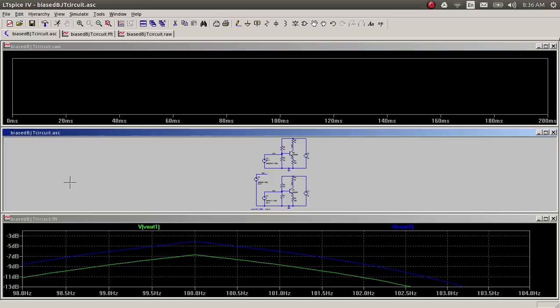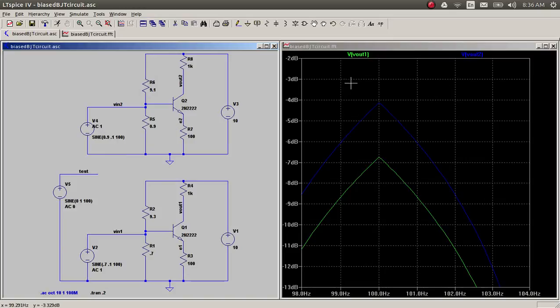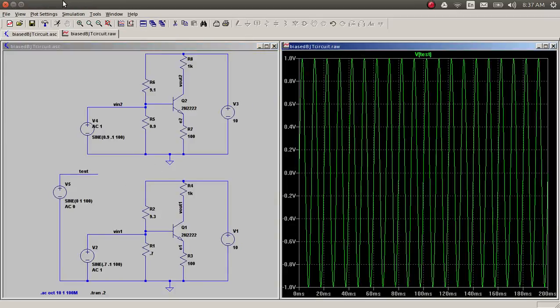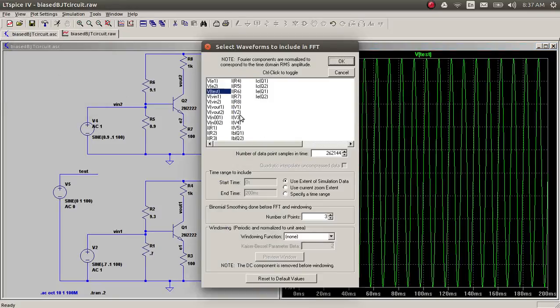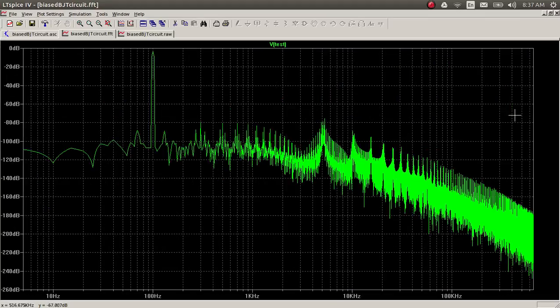So if I run this simulation, I get this image, I click on this and say view FFT, and I'm on the FFT of test. This we know is a 1 volt sine wave.